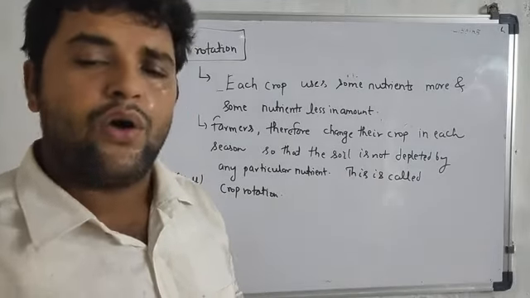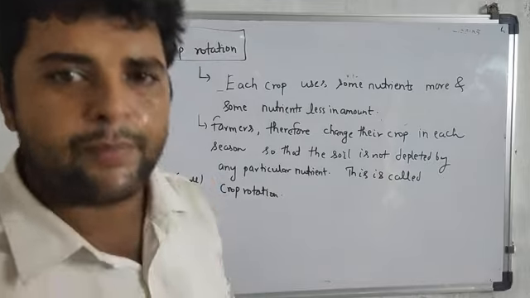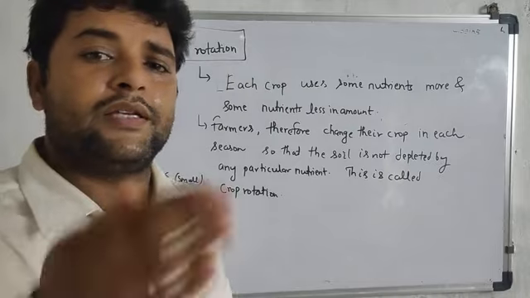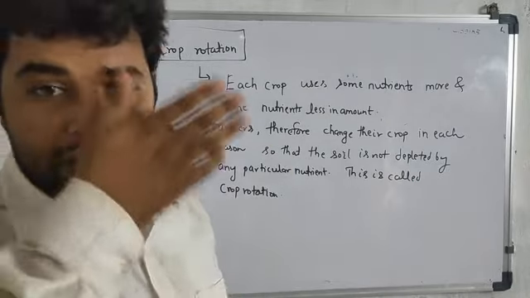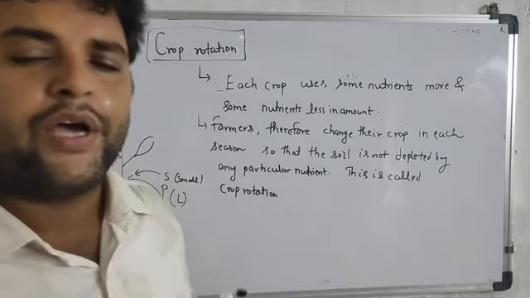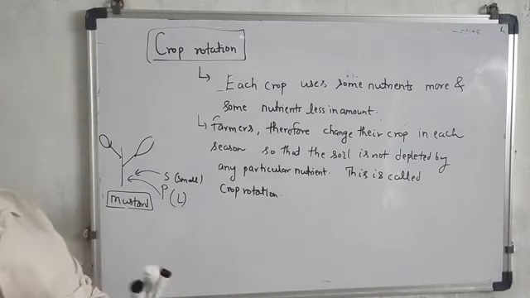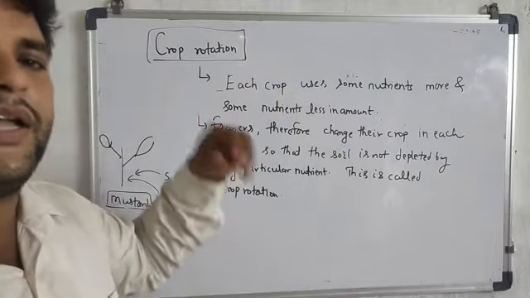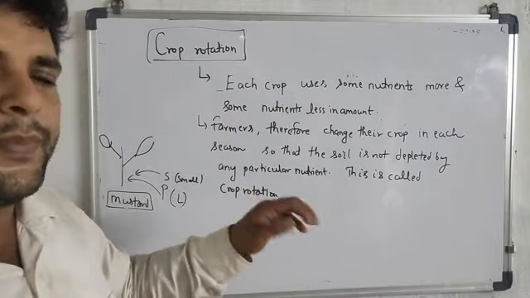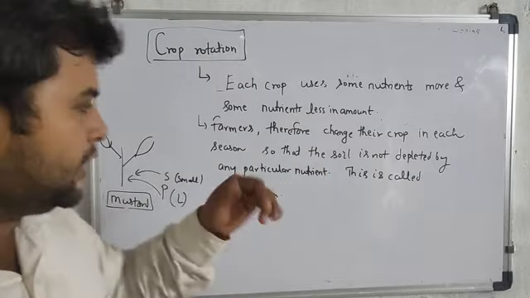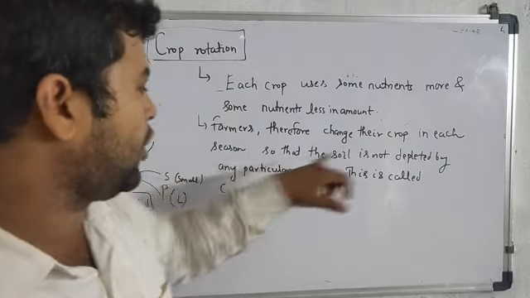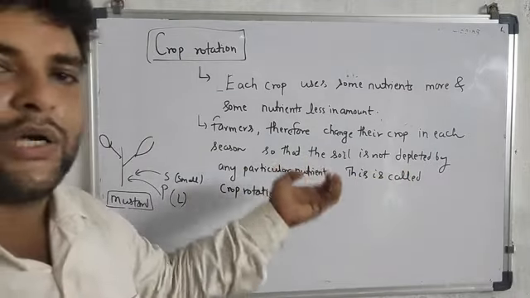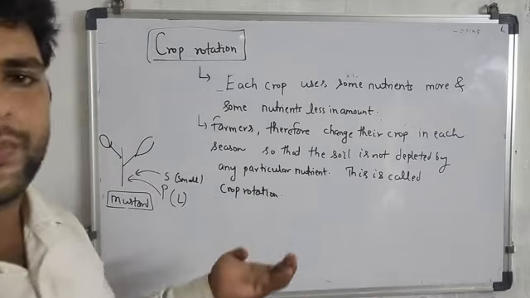So in the next season we are going to cultivate either gram, or beans, or mustard, so that they can supply nitrogen to the soil. So in this manner crops are going to be changed. So crop rotation is a type of method in which a crop is rotated one after another. So farmers therefore change their crop in each season so that the soil is not depleted by any particular nutrient. This is called crop rotation.